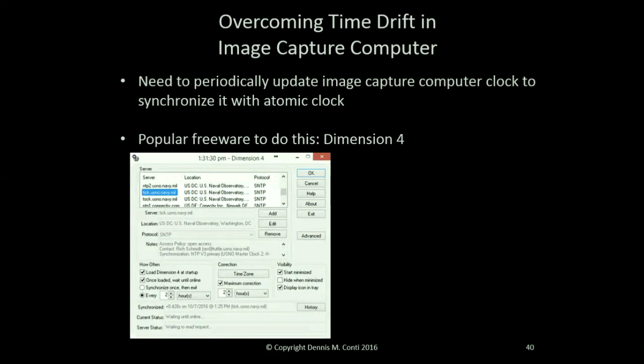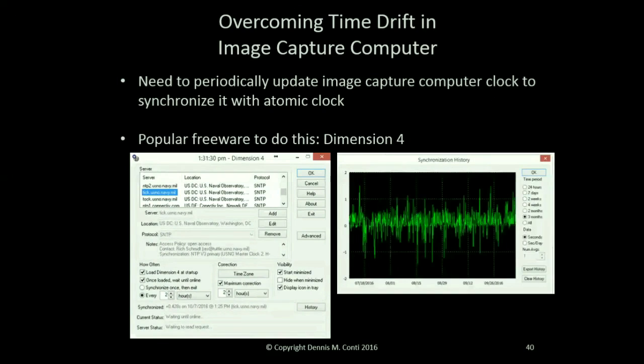It's important that we do this during our exoplanet observing session so that the timestamps on the images are as accurate as possible. One of the outputs of Dimension 4, as you see here, for example, are the corrections that are made over a certain period of time.